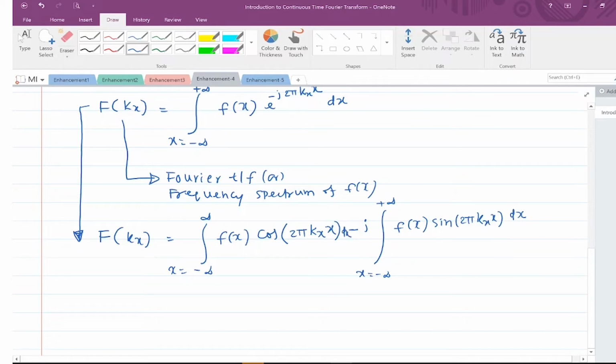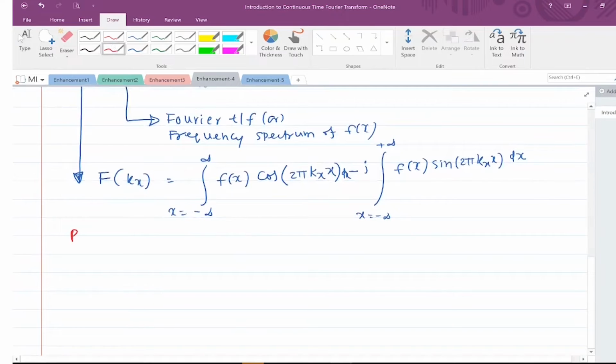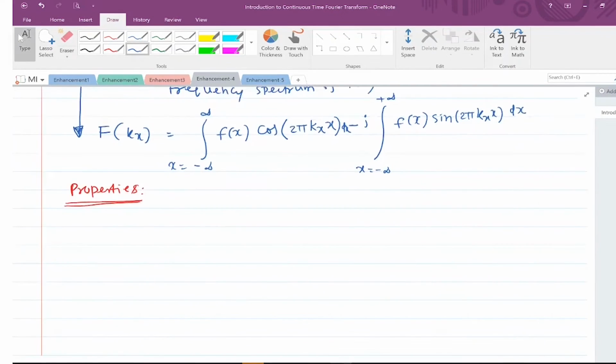That's the expression. Anyways, you have done a thorough analysis of it in your earlier courses, so I'll restrict myself to analyzing only a few important properties here. The rest, I request you to go back and refer to your earlier course notes for signals and systems as well as DSP. So one important property that I want you to pay attention to is what happens when your f of x is real.